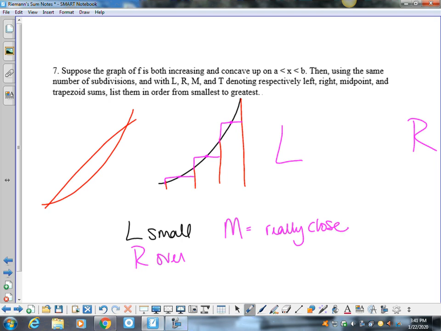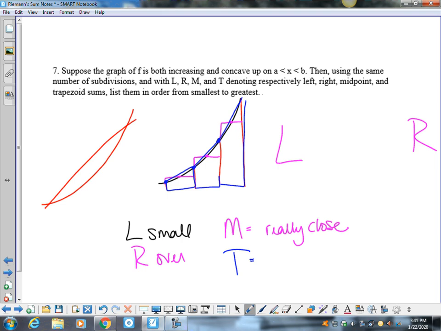So now let's do trapezoid. Now here's where the concavity is really going to come into play also. If I connect these two, then my trapezoid is going to be slightly over. And this one, slightly over, just because of the concavity. And this one is going to be slightly over.